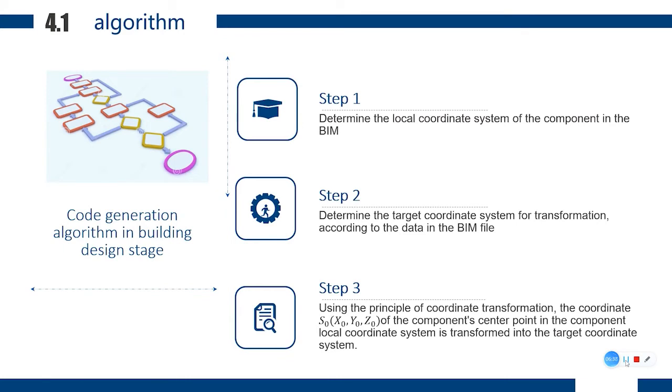Next, first calculate the offset of the three axes of O in the coordinate system O, and then calculate the cosine of the included angle between the x apostrophe axis and the x axis, y axis, and z axis respectively: cosine alpha 1, cosine beta 1, cosine gamma 1.